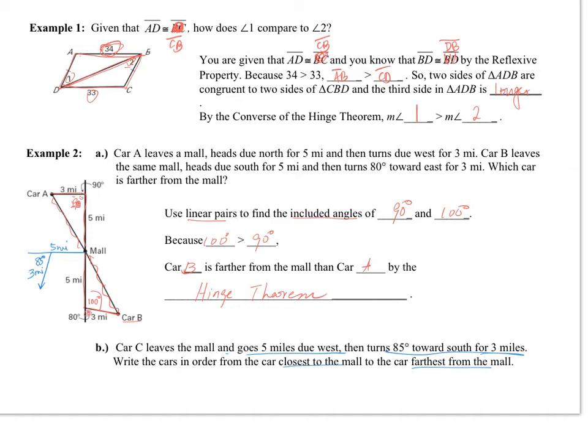So now we need to find the included angle of this triangle. So this would be 95 degrees by linear pairs. So for car C, the distance will be in between car A and car B, because the included angle is between 90 degrees and 100 degrees. So I can write car A, car C, car B.